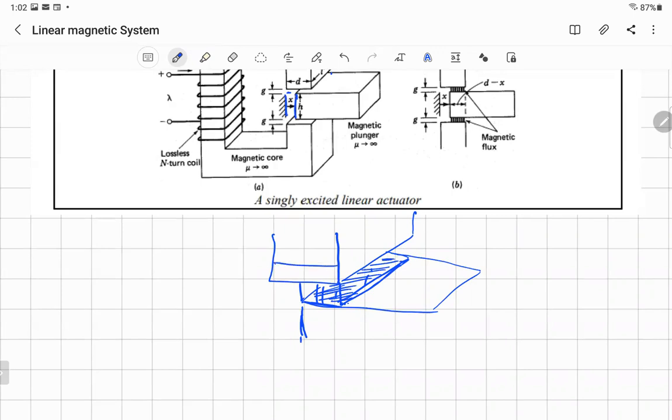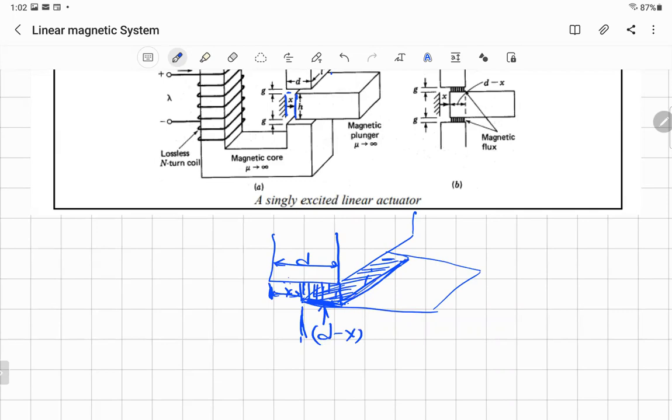If this is all D, and it was D from here up to here, but it moved by X, what's the length of this box? It's D minus X, right? This is D, and this is X. No flux will go here. The flux will be in the air where the core is, to cross from one core to another. So that length will be equal to G minus X.